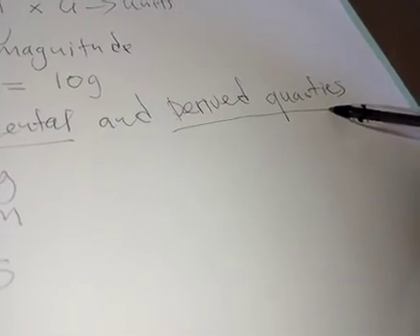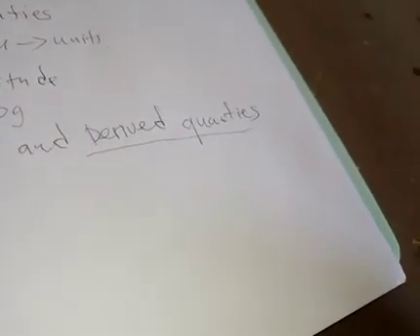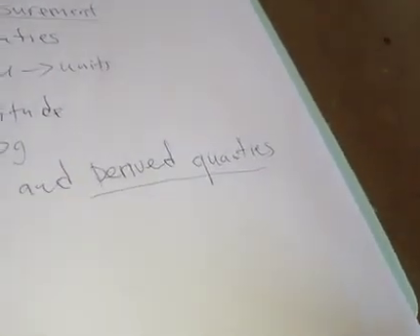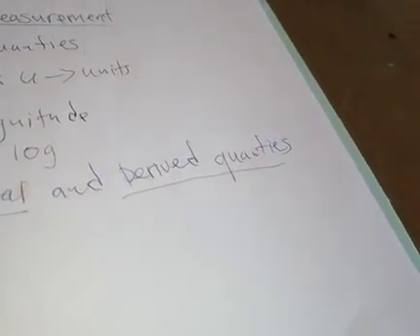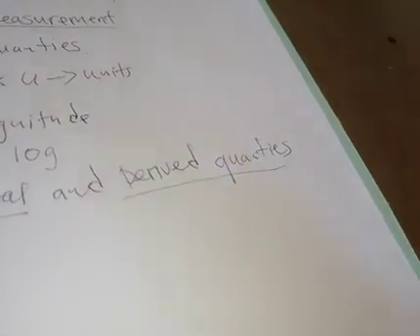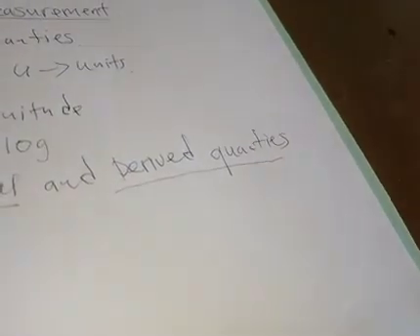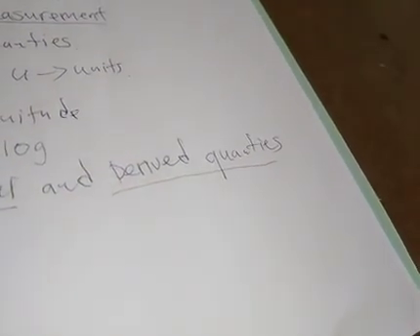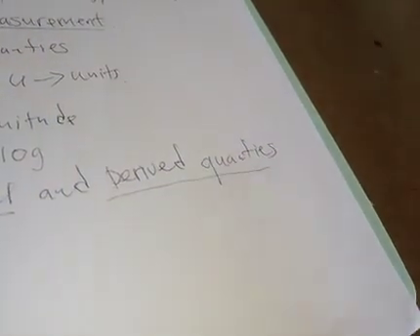Derived quantities are simply quantities derived from other quantities. For example, we can form quantities by multiplying or dividing two or more fundamental quantities. Therefore, derived quantities are quantities formed by multiplying or dividing two or more fundamental quantities.